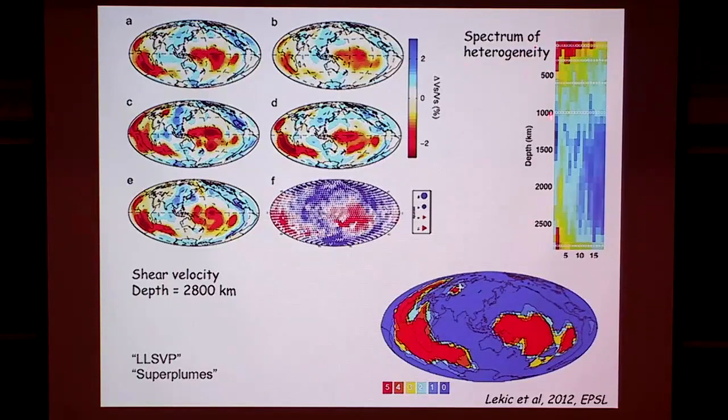This is pretty well constrained now by these global models: you have a spectrum which, at the surface of the Earth and at the bottom, is very strong, with very strong heterogeneity concentrated towards the longer wavelengths. At the top, it goes all the way to maybe degree 10 to 15. At the bottom, it's really dominated by degree 2.